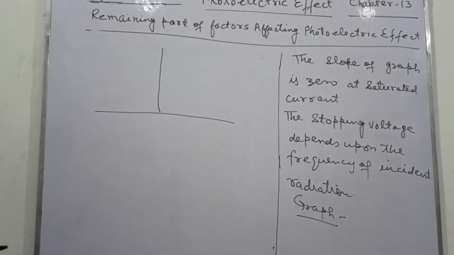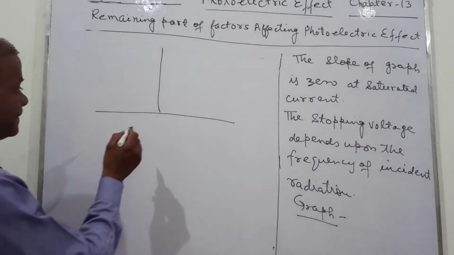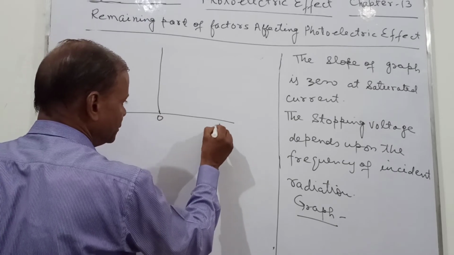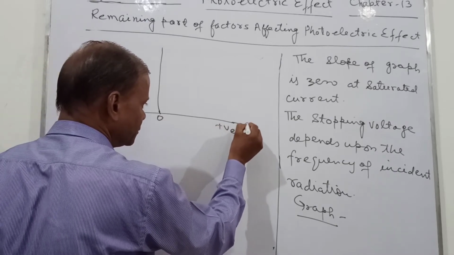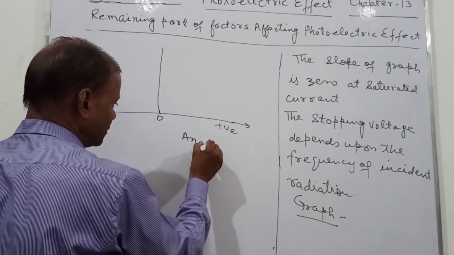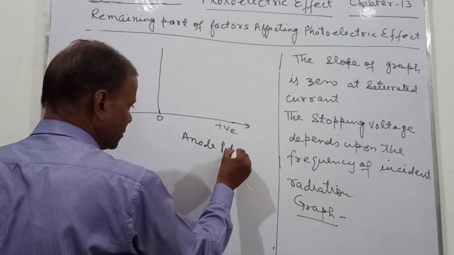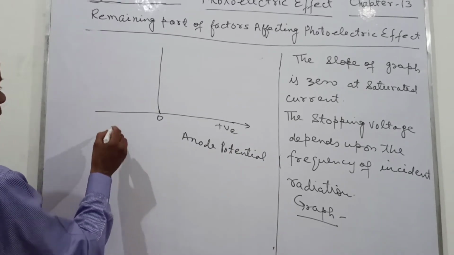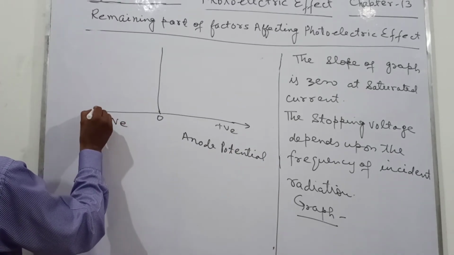Here we have zero. This side is positive, the anode potential, and this side is negative.